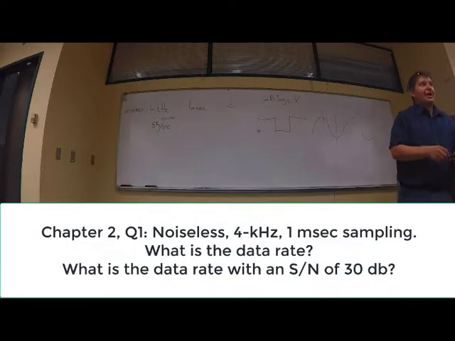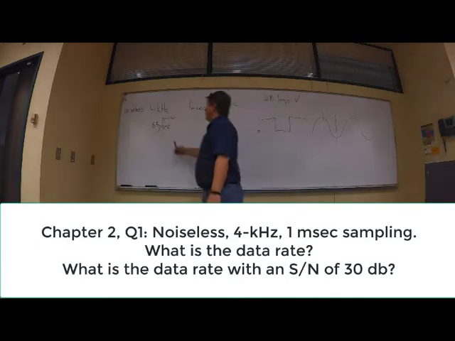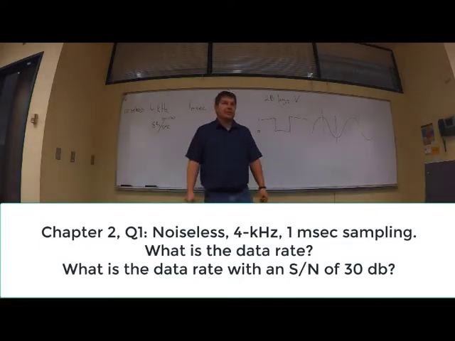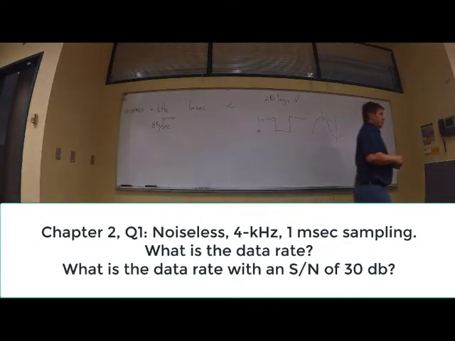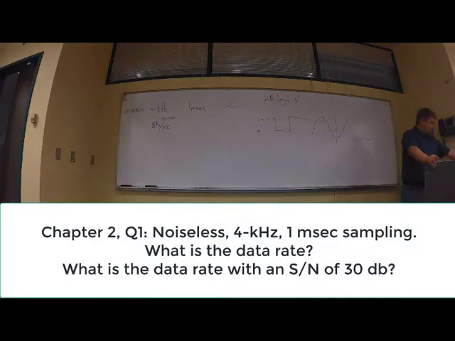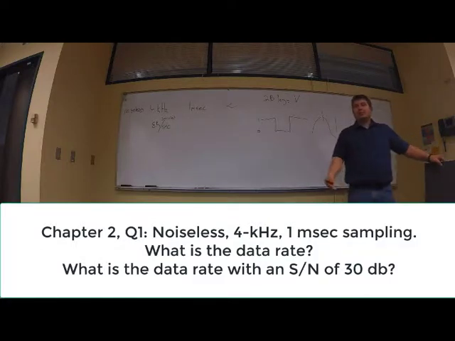All right. So now, if we change it to 30 decibels, what formula do we use now? Shannon's capacity, right? Because Shannon is the one that came out and said this is the signal to noise ratio.